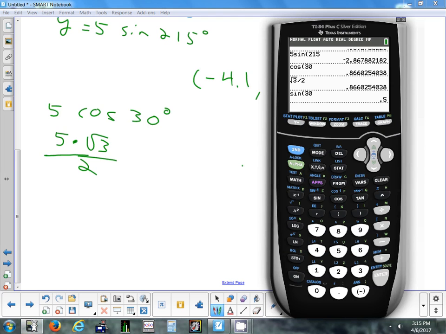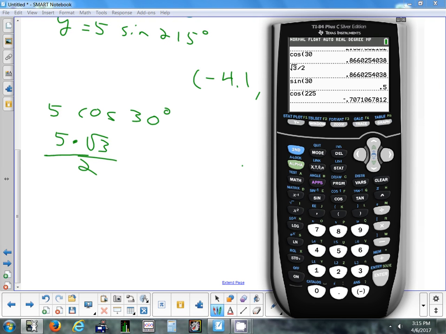Okay, what about, let's do a 45, cosine of 225. What number is that? I don't remember how to write that one as a fraction.